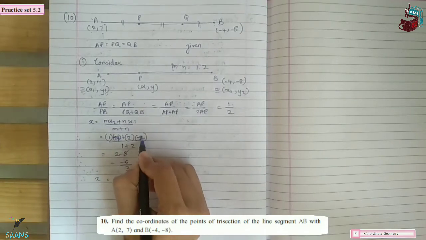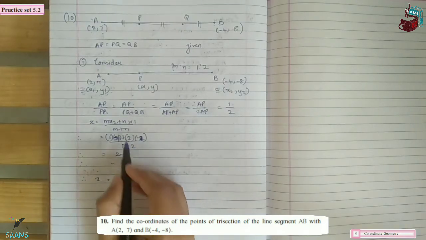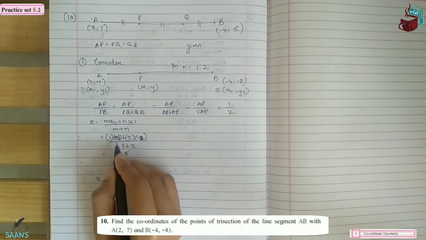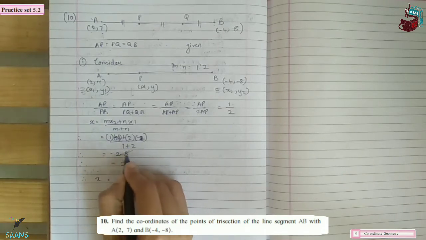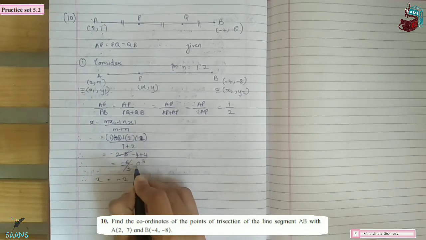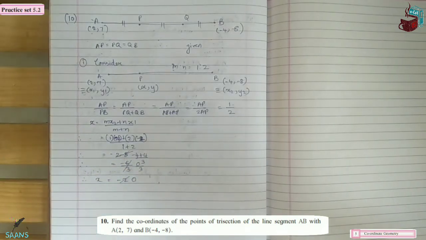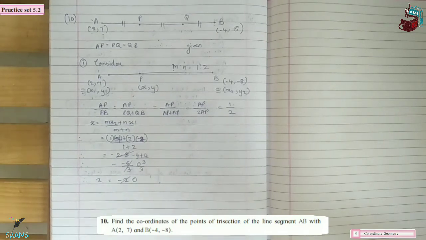See, that's why I said it's very important to do it correctly, otherwise there is a lot of confusion. So it will be minus 4 plus 4 upon 3, so that will be 0 upon 3. That will be 0. So that's why you need to keep on checking. Sorry for that. So x is 0.